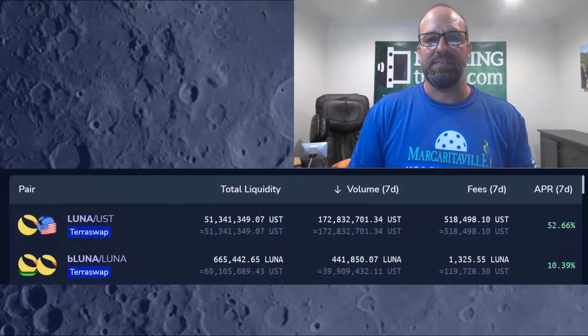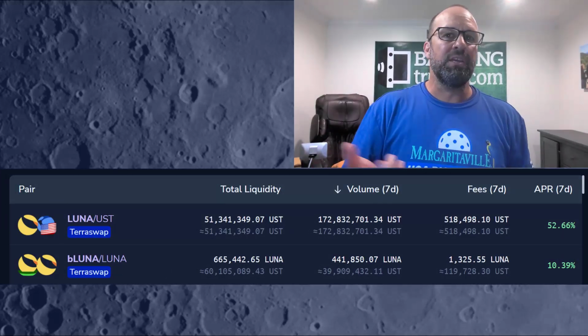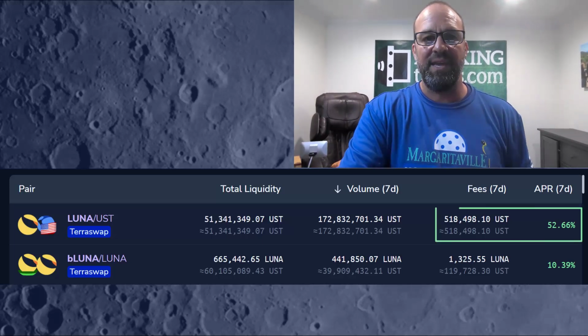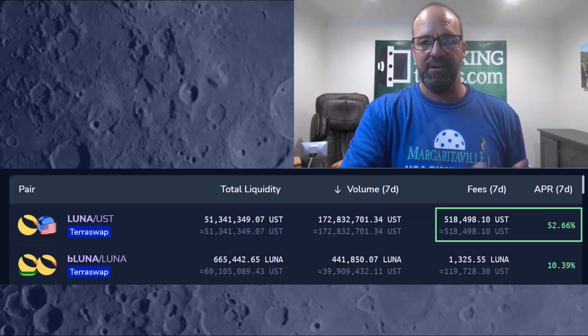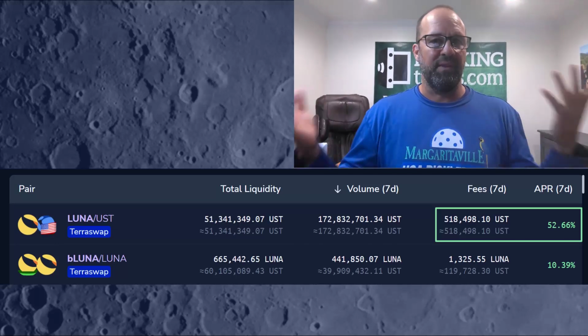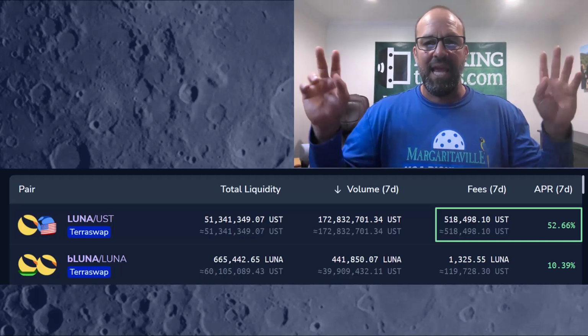And so what I realize that happens in any market condition, since the Luna UST LP naturally creates more fees. As we can see here on CoinHall, the Luna UST LP for the last 7 days has been yielding a 52% APR.